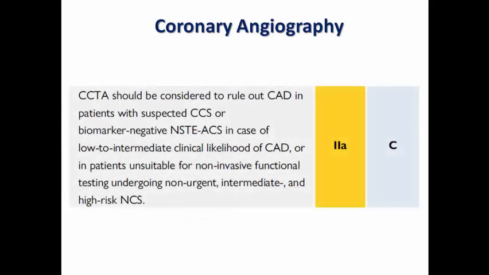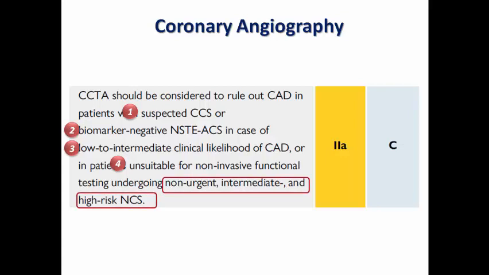Sometimes we use coronary CT angiography in order to rule out coronary artery disease in patients with suspected chronic coronary syndrome or biomarker-negative acute coronary syndrome, because if it is biomarker positive, we would need invasive coronary angiography, in case of low to intermediate clinical likelihood of coronary artery disease, or in patients unsuitable for non-invasive functional testing if they are undergoing non-urgent, intermediate, or high-risk surgery.